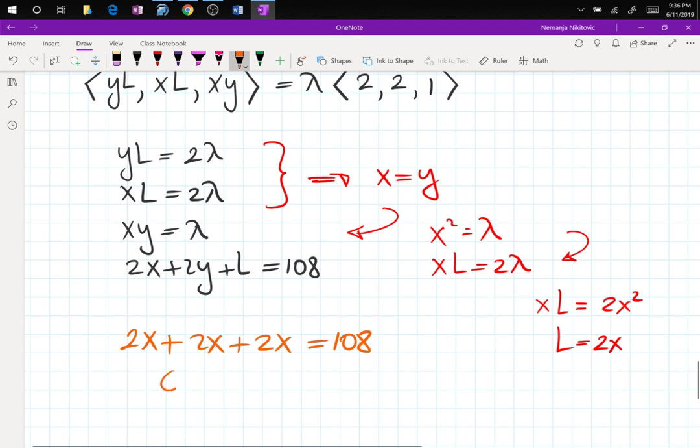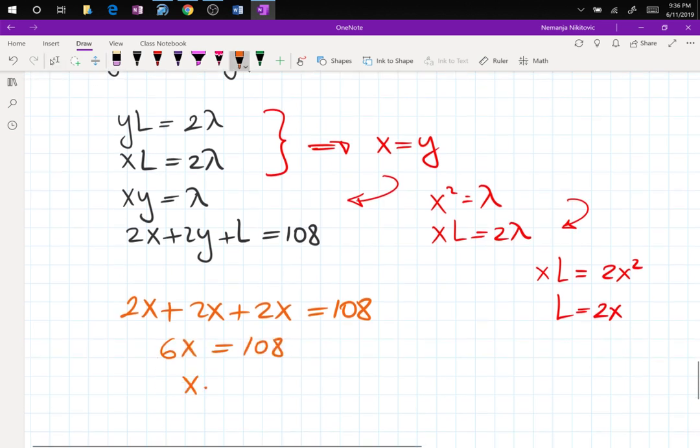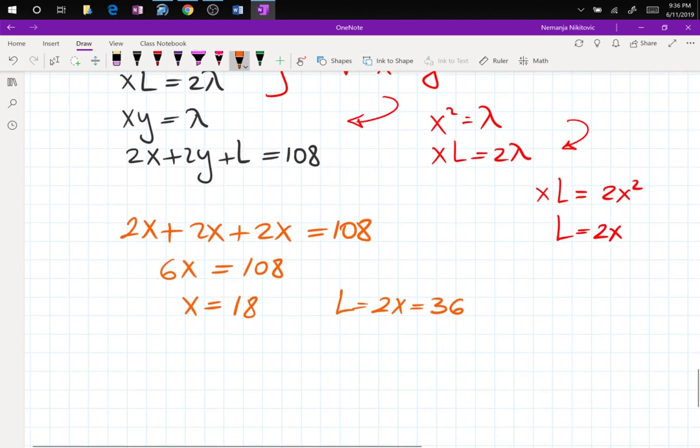This all together is 6x equals 108, and x is equal to, is that 18? 6 times 8, 48, 60, yep, 18. Now L is equal to 2x, which is 36. So the dimensions are 18 by 18 by 36. I believe these were inches for the box.